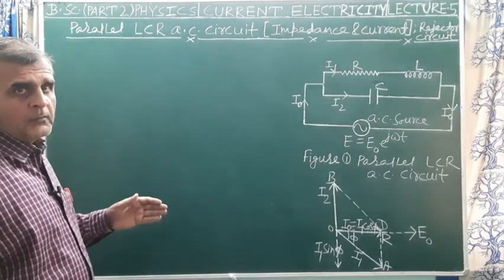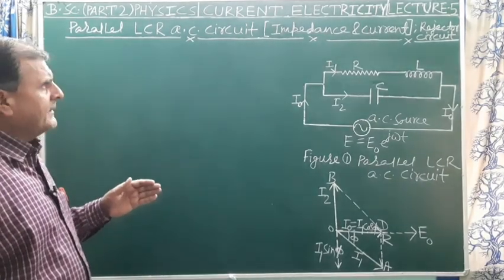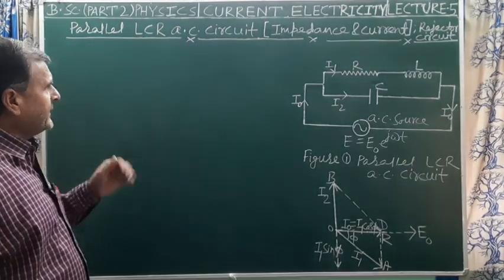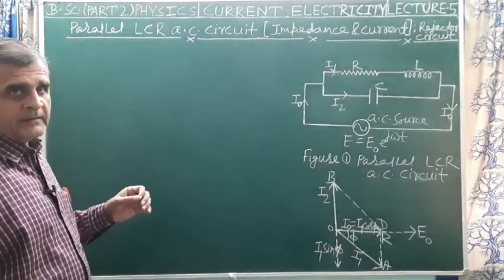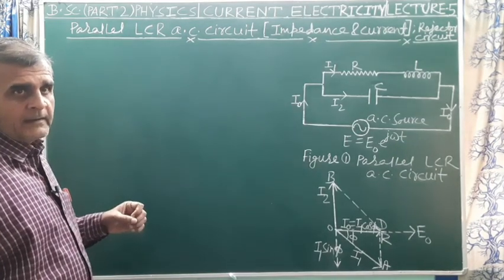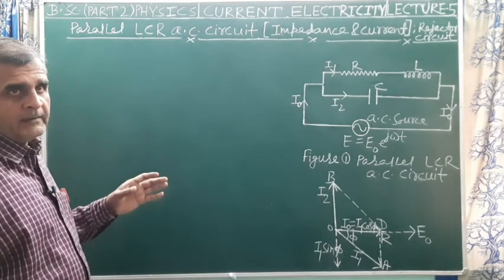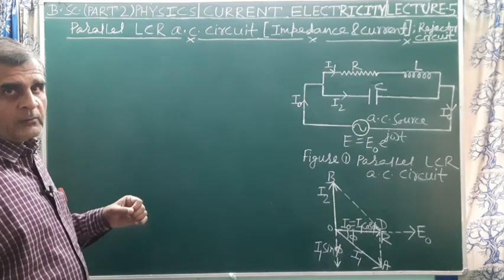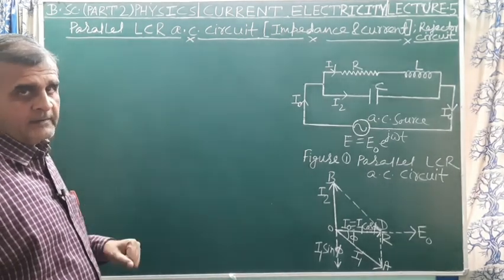We will also know why the parallel LCR AC resonance circuit is known as a rejector circuit, and finally we will obtain the expression for the quality factor of this circuit.